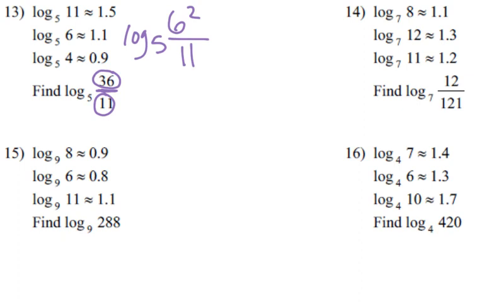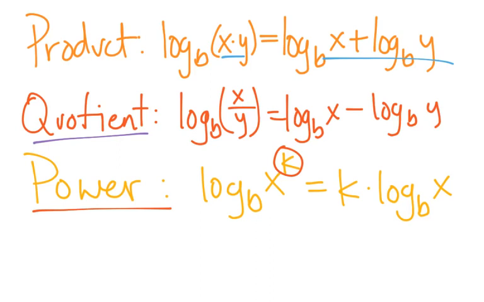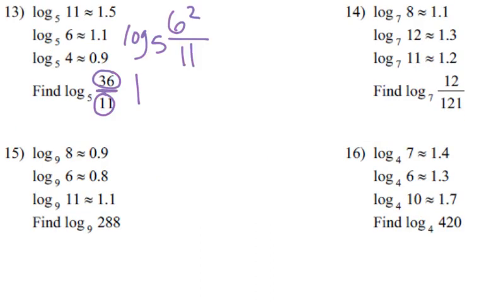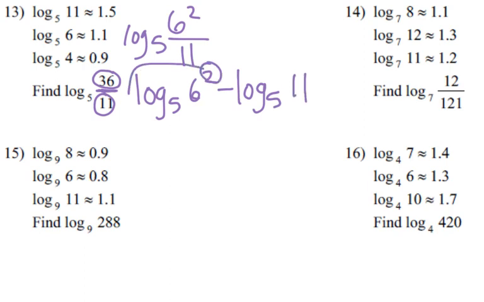Okay, so I can now use the quotient rule to split them up like that, and then I can use the power rule. So we'd have log base 5 of 6 squared minus log base 5 of 11. Okay, then we take this 2 down in front, so 2 times log base 5 of 6 minus log base 5 of 11.